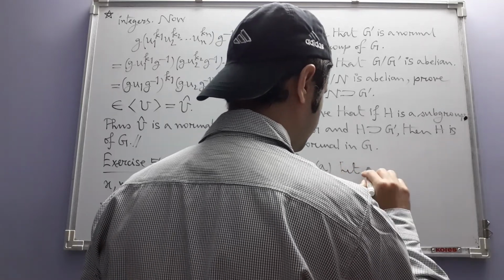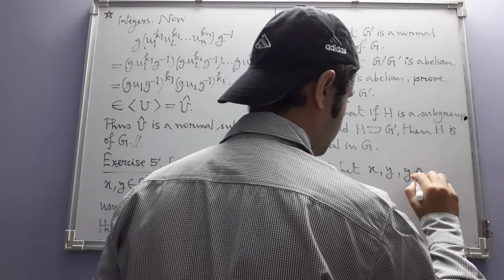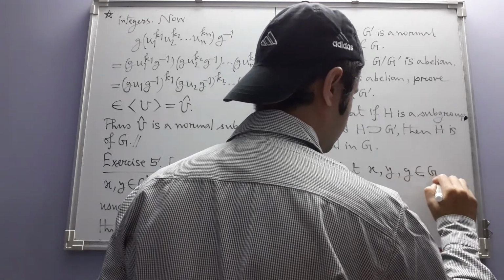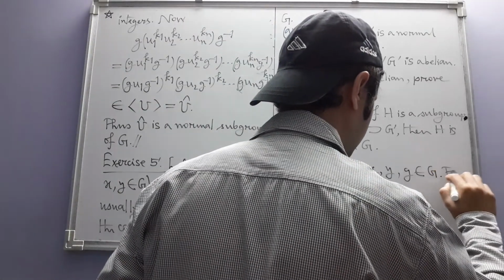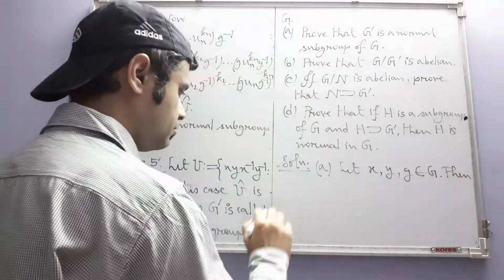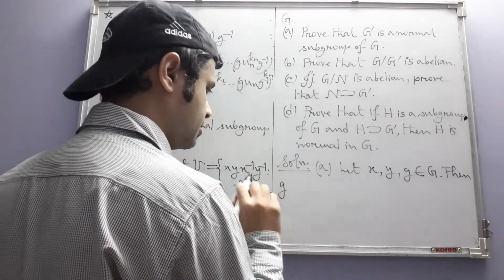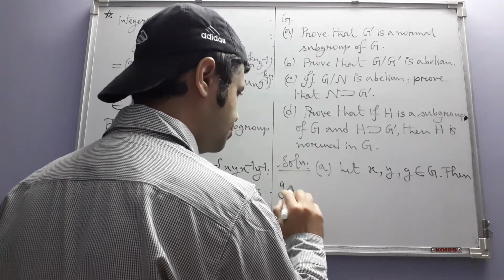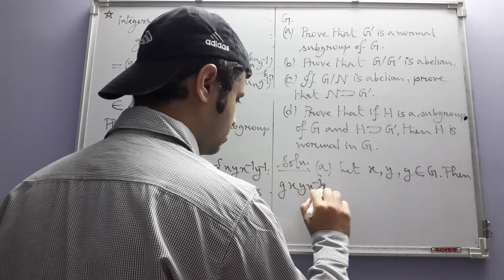Let x, y and g be any three elements in G. Then what about this product g times u g inverse, where u is this?